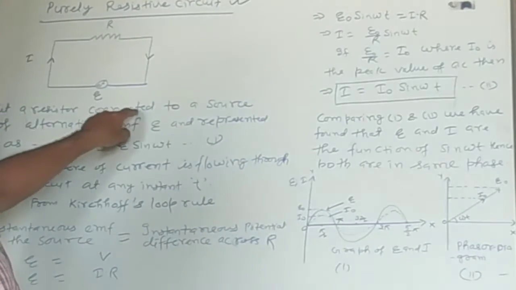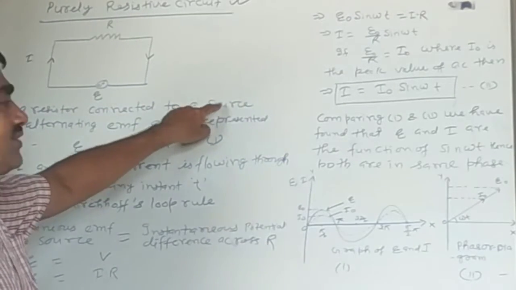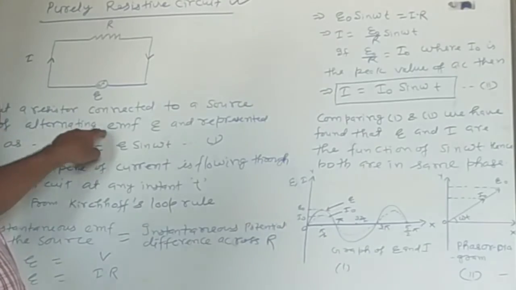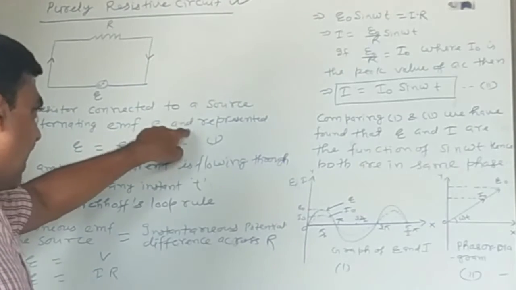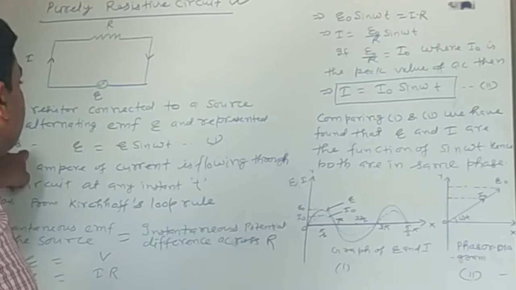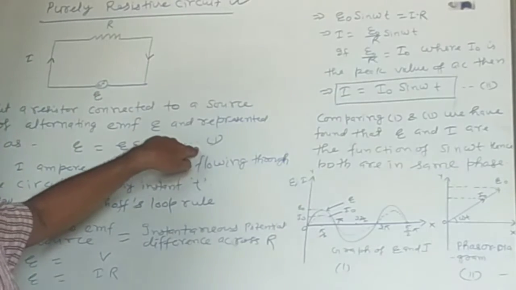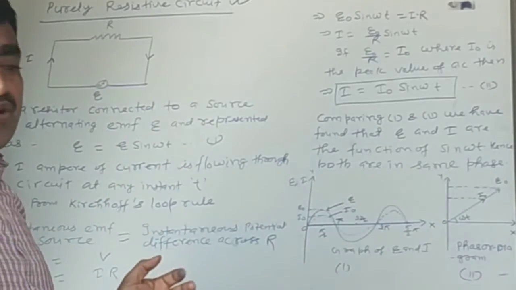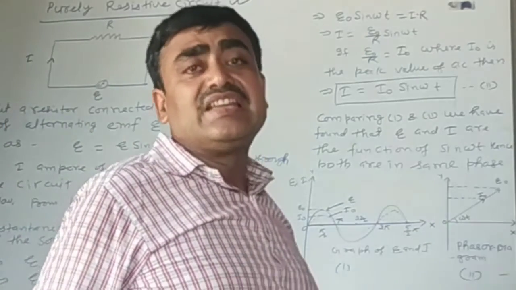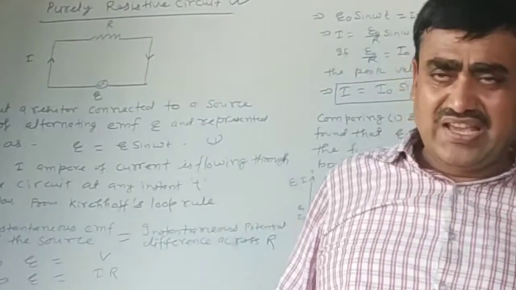Let a resistor be connected to a source of alternating EMF E, represented as E is equal to E naught sin omega t. This is the general form of alternating EMF.